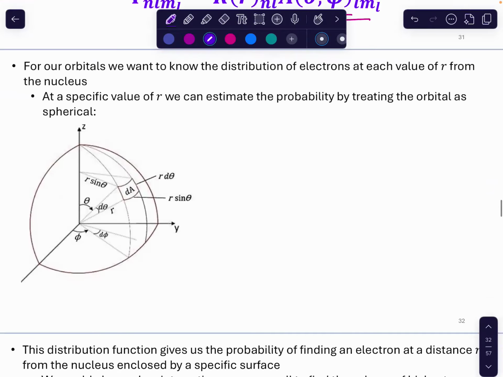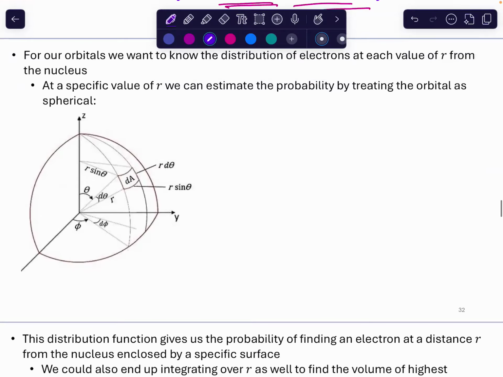Okay, so here we have part of a sphere, and you can see this part of the sphere is in the first octant of an XYZ axis, because that would be your x direction there. When we want to actually integrate over the whole of a sphere, the first thing we're going to do is only the two-dimensional integral, because we're only worried about the sphere at a specific radius.